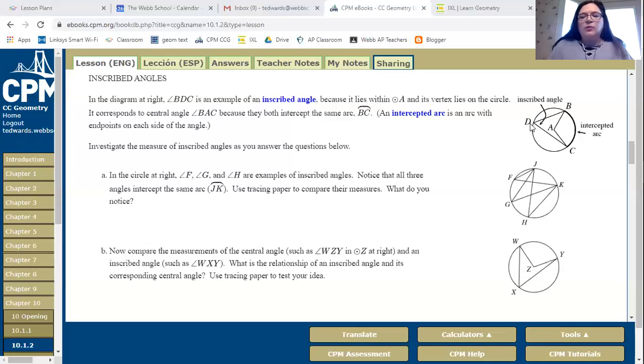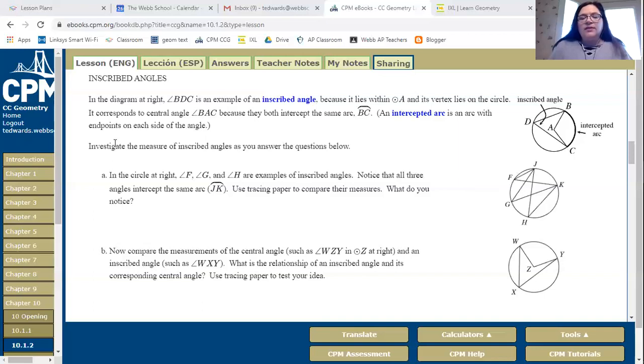When we look at this angle, we can see that it intercepts an arc, much like a central angle does. So the arc that is measured by the central angle is that same arc that's measured by this inscribed angle.